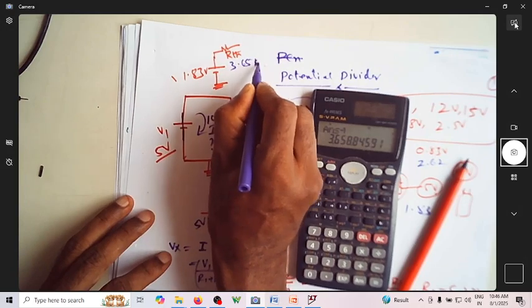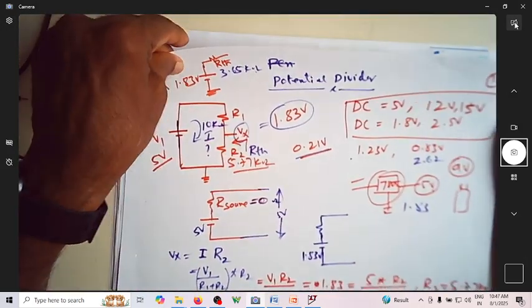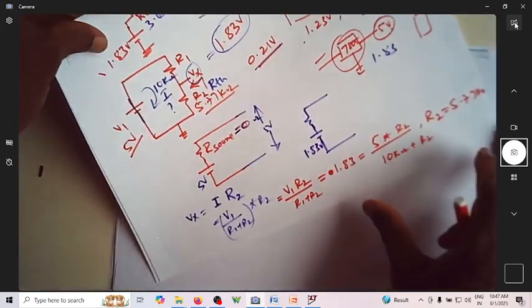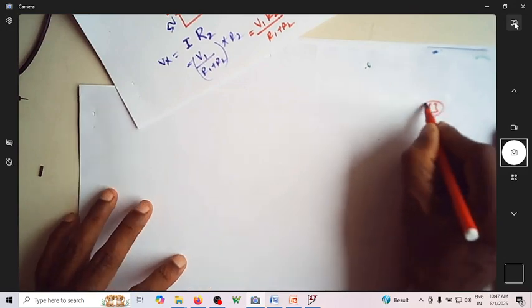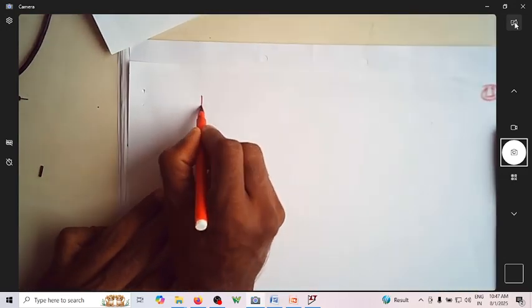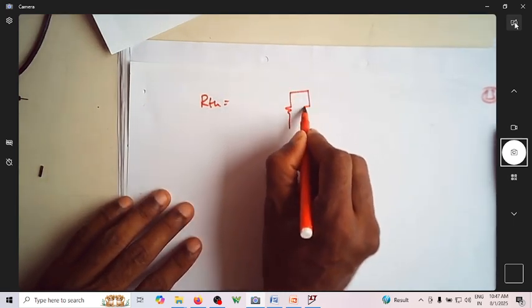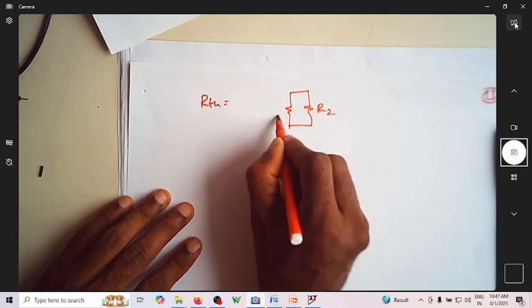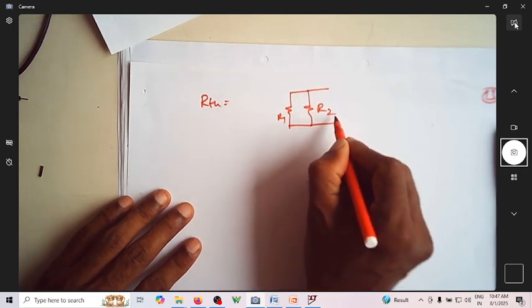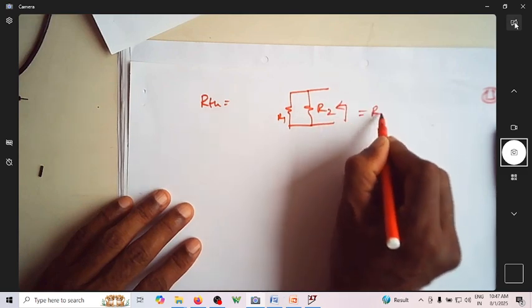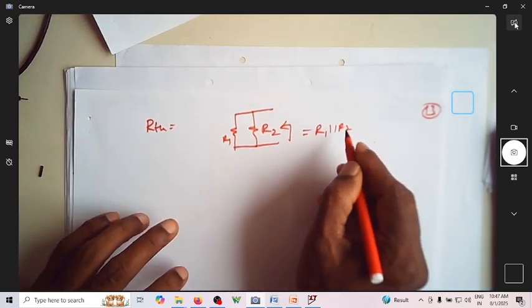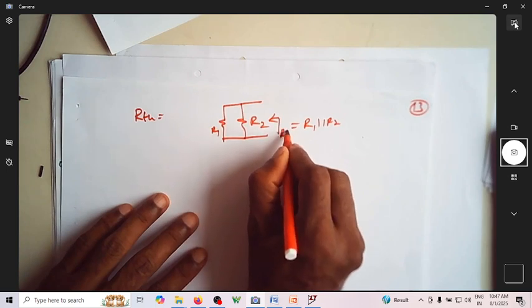3.65 kilo ohm. So let me tell you how I found this R Thevenin. R Thevenin is nothing but, you're going to have an equivalent circuit something like this. This is R2, this is R1. You are seeing across this, so it is now R1 parallel R2, which is R Thevenin.